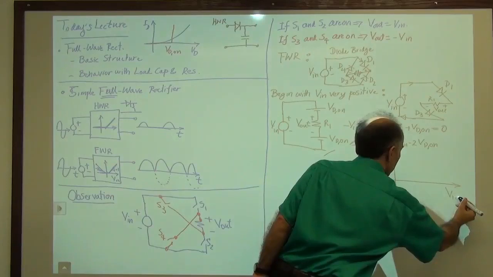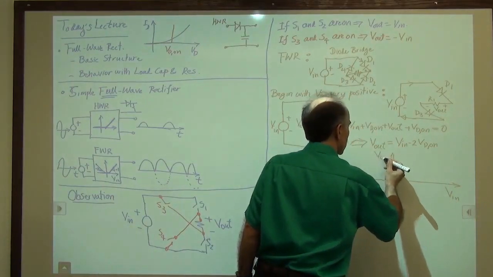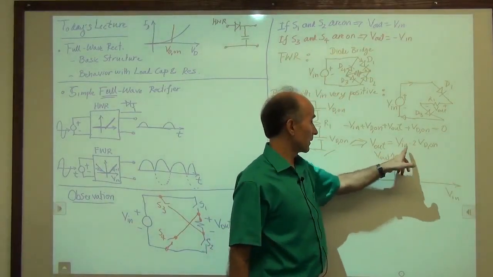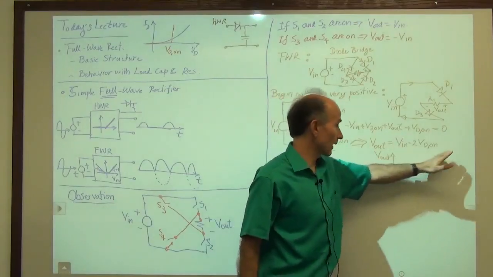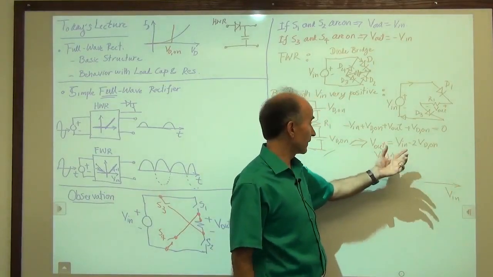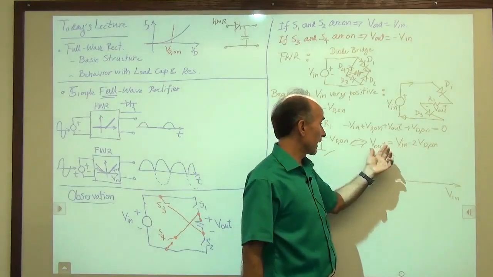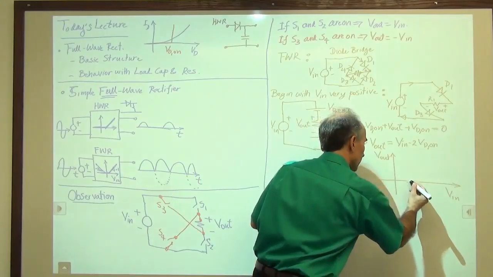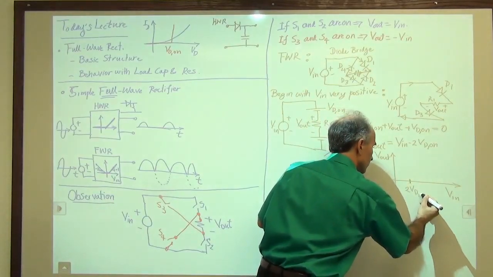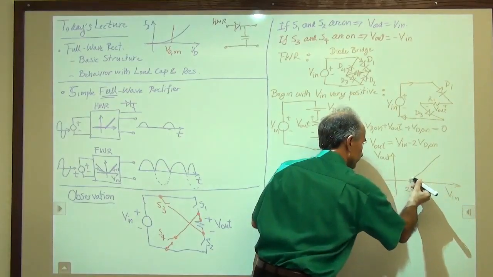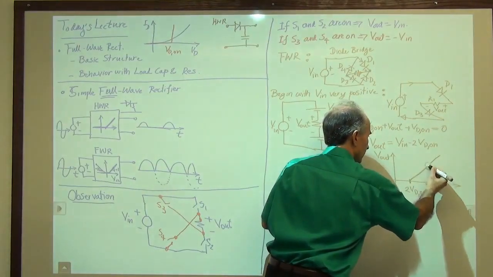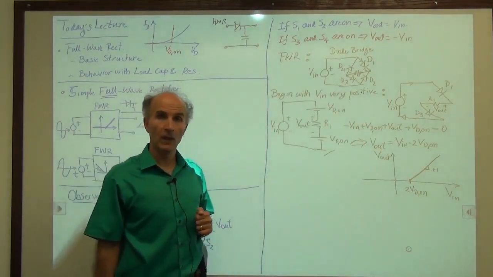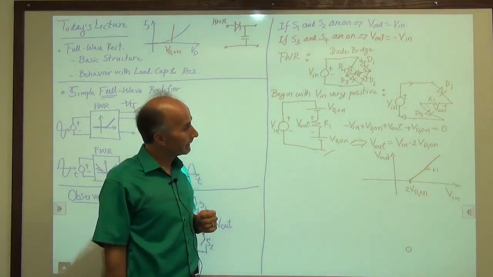This is Vin, this is Vout, and we started from very positive values, and we see that the slope is plus 1, so we have a straight line. And then we know that this line, Vout goes to 0 when Vin is equal to 2 VD on. So at 2 VD on, the line crosses 0. And this slope is plus 1. Okay, so that was not that hard.